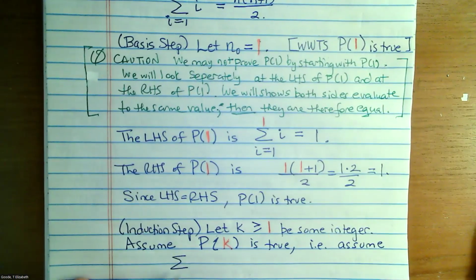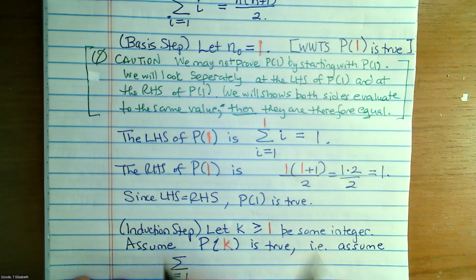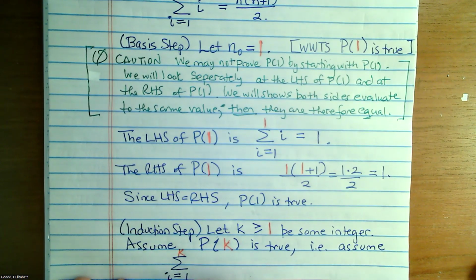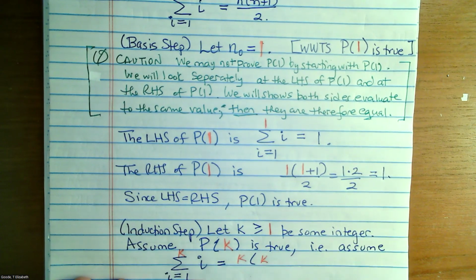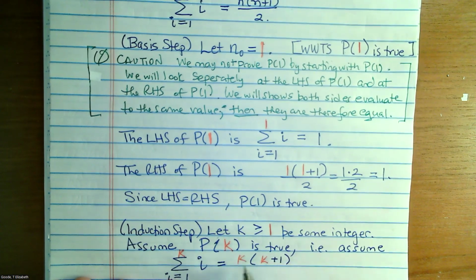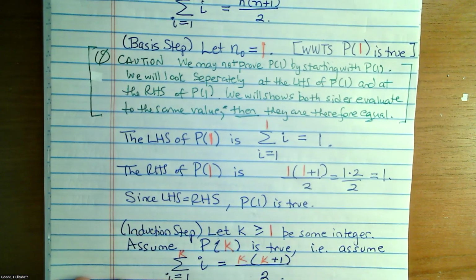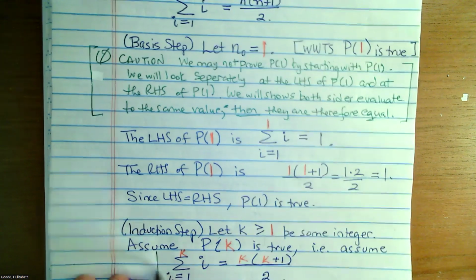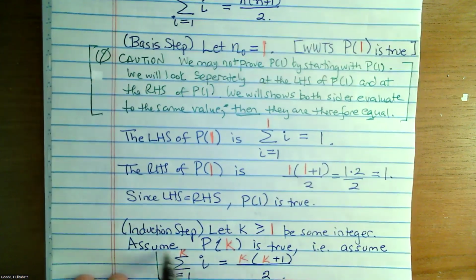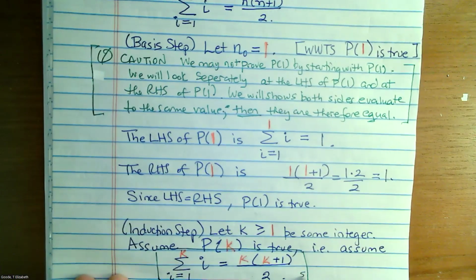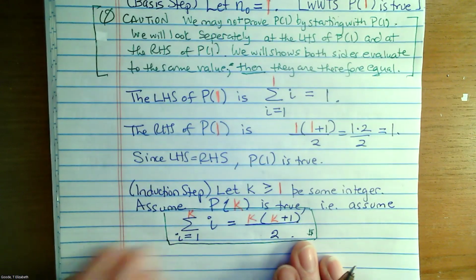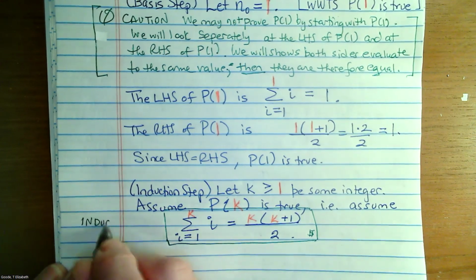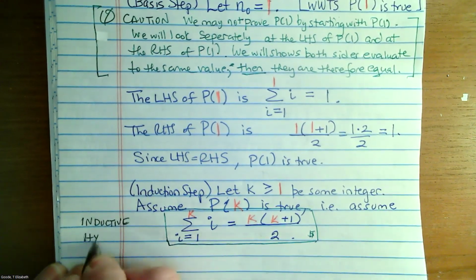So it's the sum from i equals 1 to k of i equals k times the quantity k plus 1 over 2. This is our inductive hypothesis. This is our proof money. This is what we are assuming. So I'm going to use our proof money symbol to remind us, hey, this is the money in the bank that we're going to use. It is called the inductive hypothesis. This was worth noting here in the margin just for the notes.